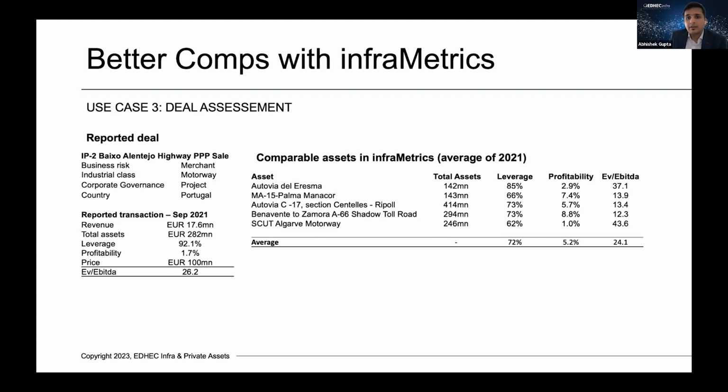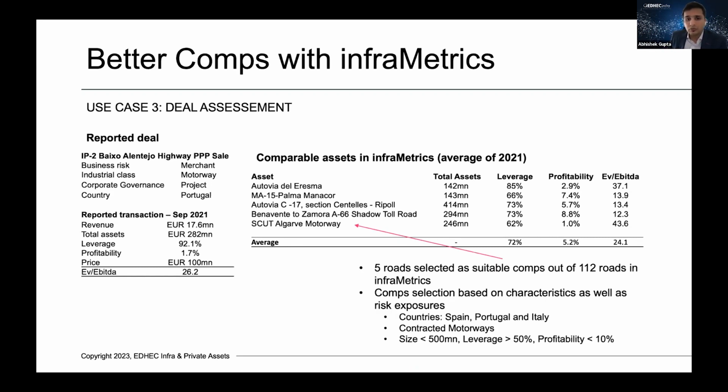We are looking at their average valuation, average financials from 2021. So it's a very strict criteria that we have followed. At the end of it, we have selected 5 roads as suitable comps out of 112 in infraMetrics. So we have monthly data for those 112, and we could only select these 5 that fit the purpose.